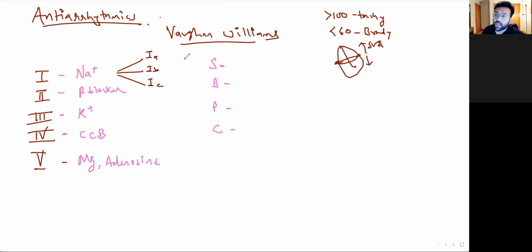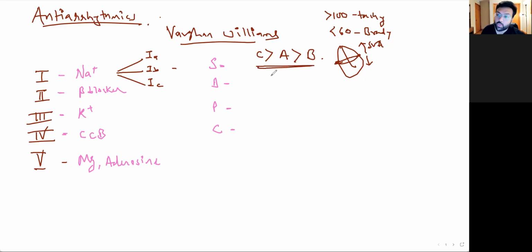Looking at the affinity to the sodium channels, you have to remember C greater than A greater than B. It doesn't follow ABC, it follows CAB. You have to remember CAB.